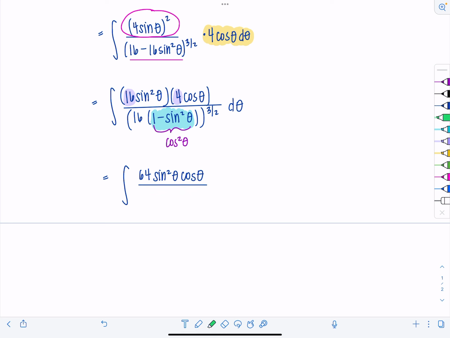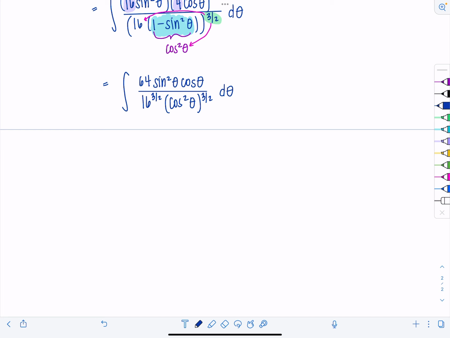You see this 3/2 exponent that distributes or applies to both the 16 and this cosine squared here. So we're going to have 16 to the 3/2 and then cosine squared theta to the 3/2 d theta. All right? Very nice.